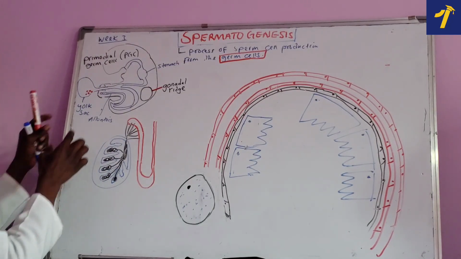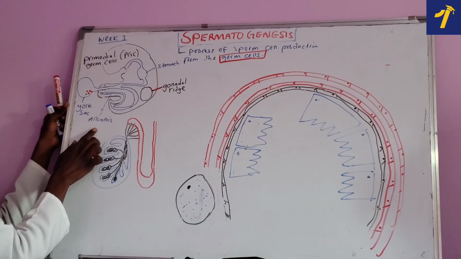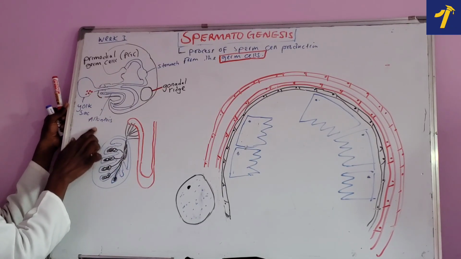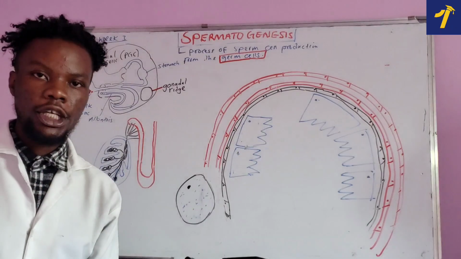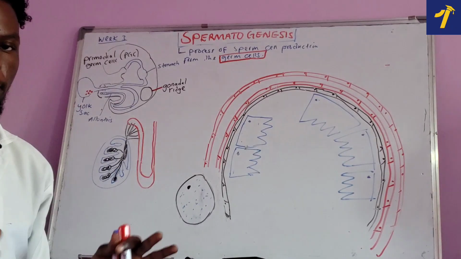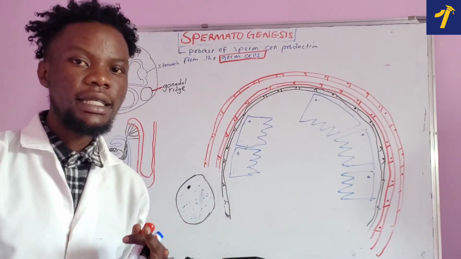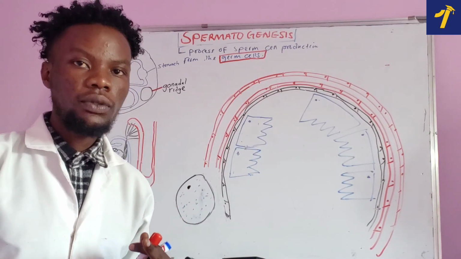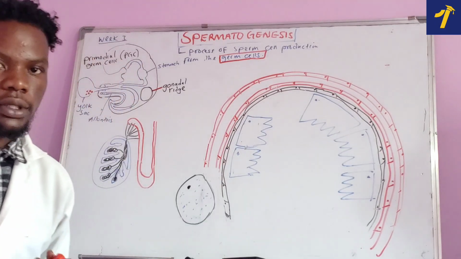Now, these primordial germ cells are very near to the allantois. Since we know their location, where can they be found? They can be found just near the allantois structure, in the yolk sac.